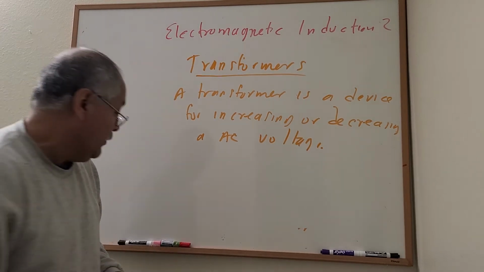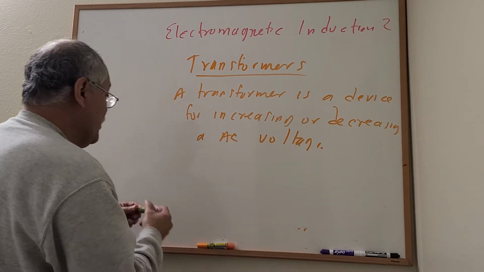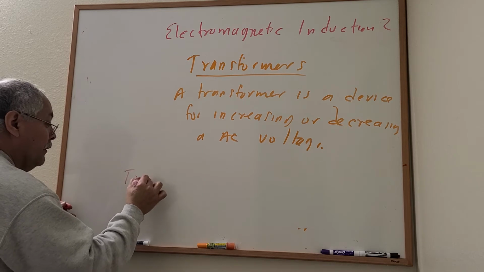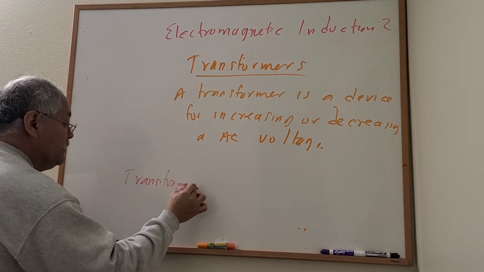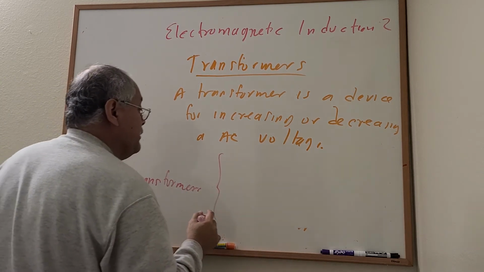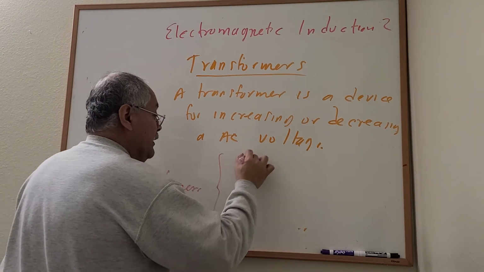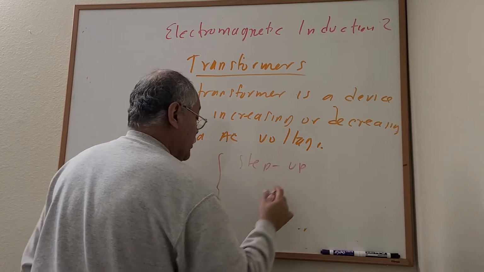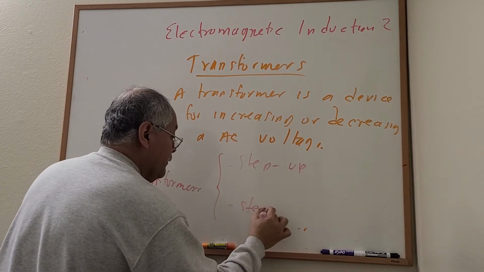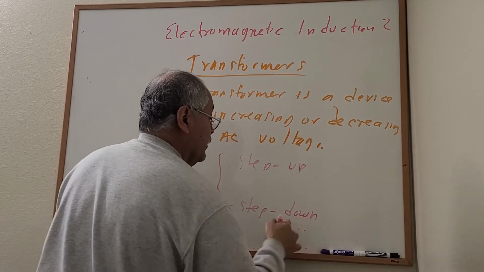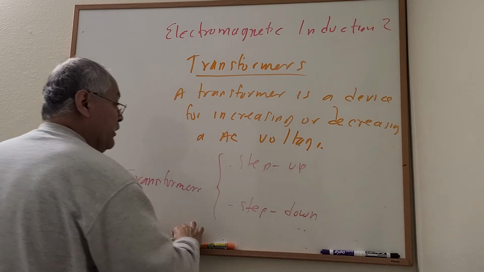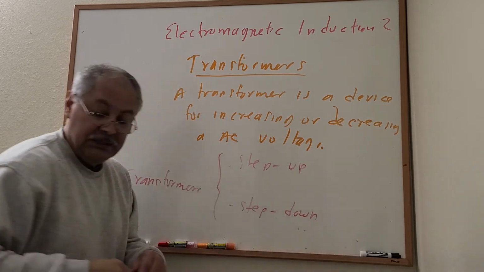So again we have transformers. We have two types. One is called the step up and the other the step down. A step up transformer just increases the voltage.